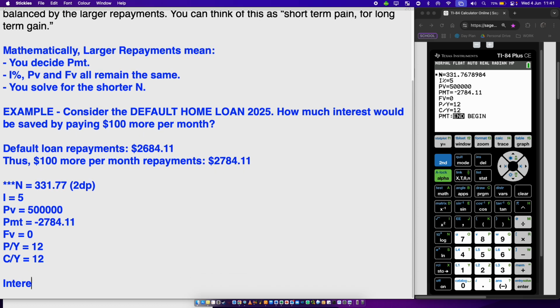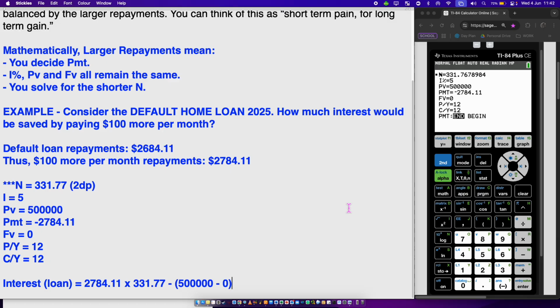What's the interest going to be now? Loan is PMT 2784.11 times, is it still going to be 360 payments like before? Before it was 360 payments. Now it's going to be 331.77. Take away 500 grand.